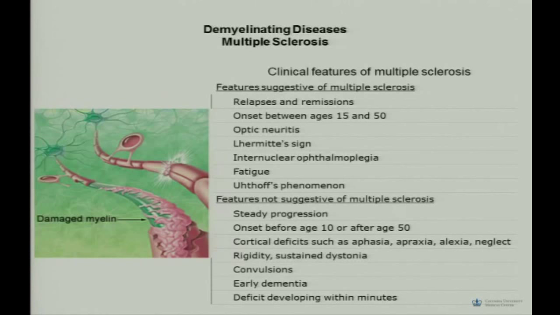Okay, so the last condition that I wanted to talk about today was multiple sclerosis. Now, MS is a degenerative disorder, but the nature of MS is one of a demyelinating condition.